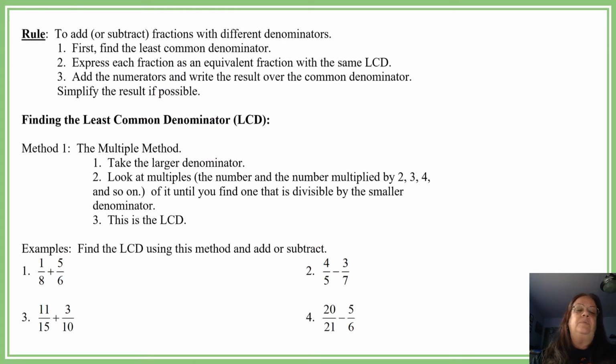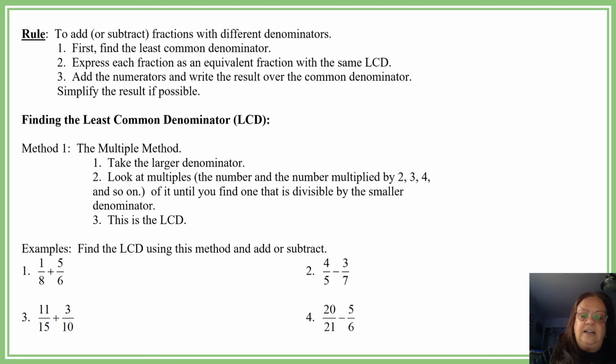And that's really what we're going to deal with: finding the least common denominator. What this means is if your two denominators have something in common, you can kind of factor that out a little bit. So let's look at what this means. All right, I look at 8 and 6.